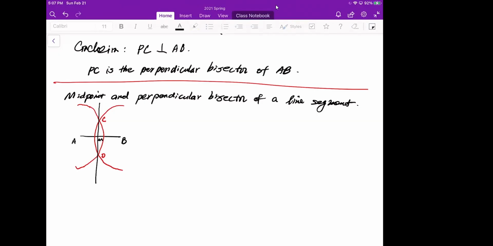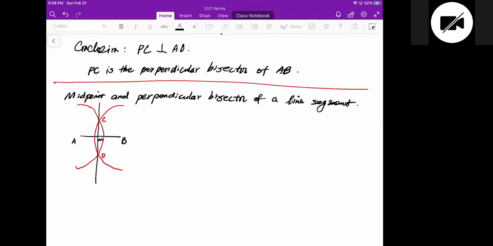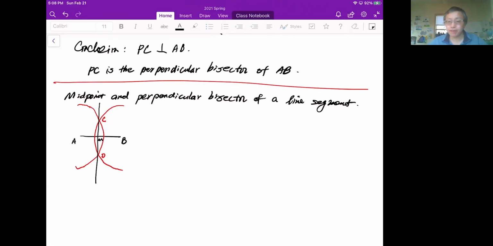How to get the midpoint and how to get the perpendicular bisector. Are there any questions?